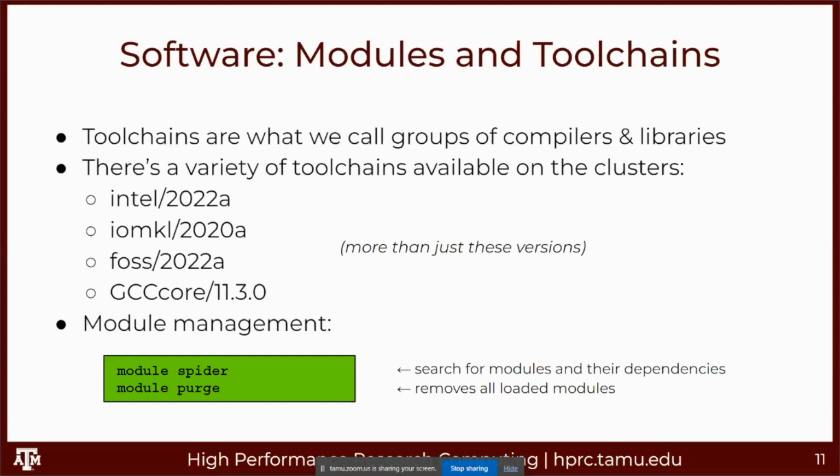Also, if you already know the specific toolchain or software you want, you can use module spider and then the specific software and version, and it'll tell you what compilers you need to load beforehand. There's also the module purge command, so if you've loaded modules, you can reset and start from no modules loaded.